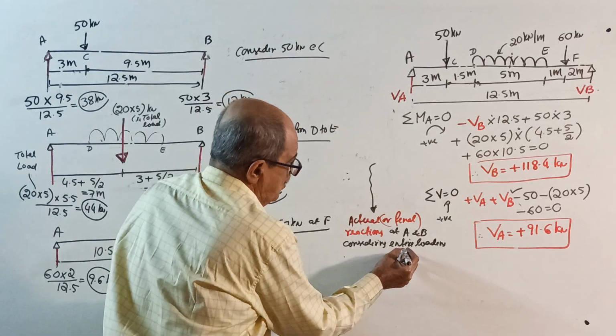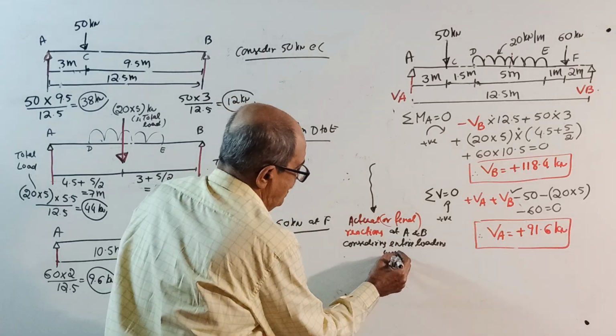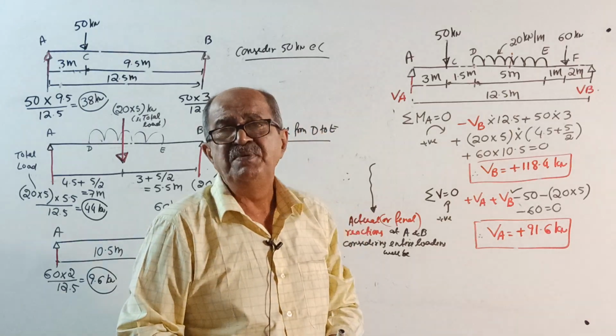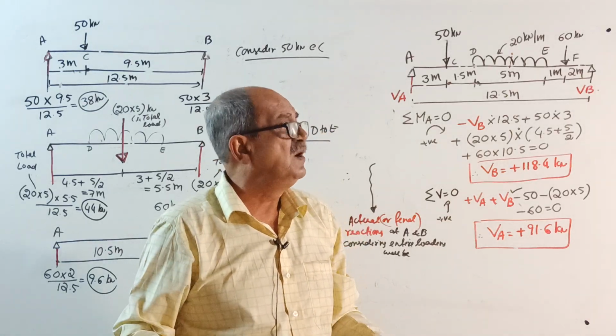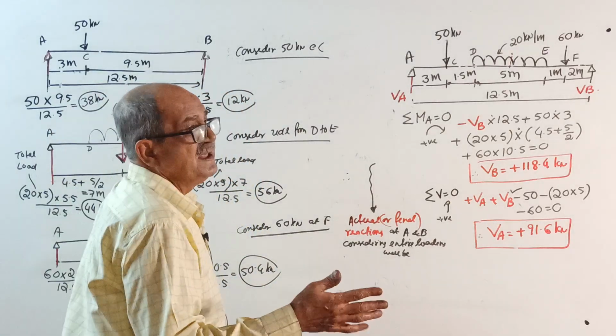You can make a note here in the bracket, which is given by algebraic sum of all the values. Now algebraic sum is not required, all are upward, so plus minus not required.